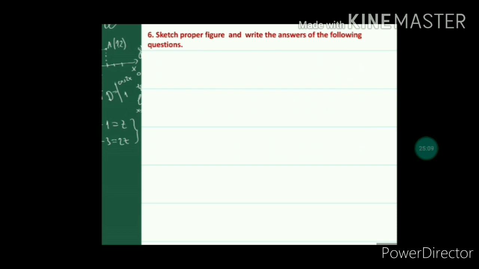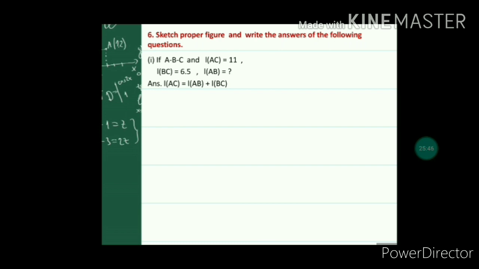The sixth example in the exercise. Sketch a figure on paper. Write the answer of the following question. If point B is in between A and C and length of AC is equal to 11, length of BC is equal to 6.5, find length of AB.